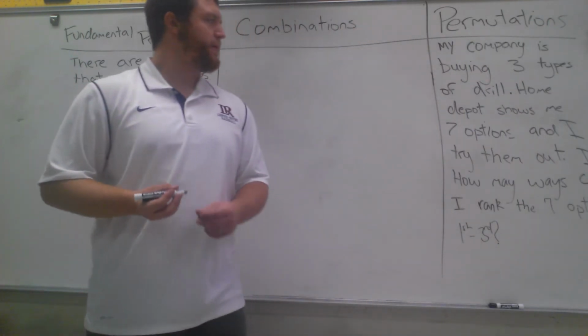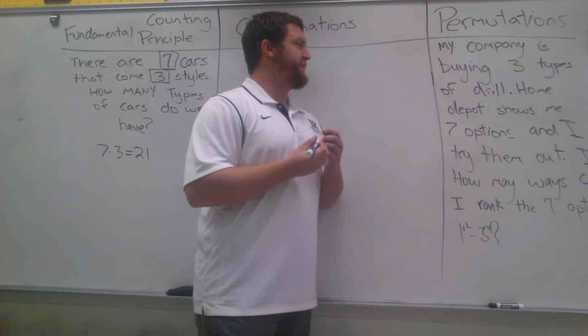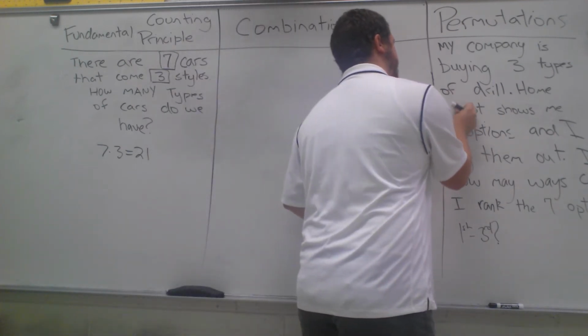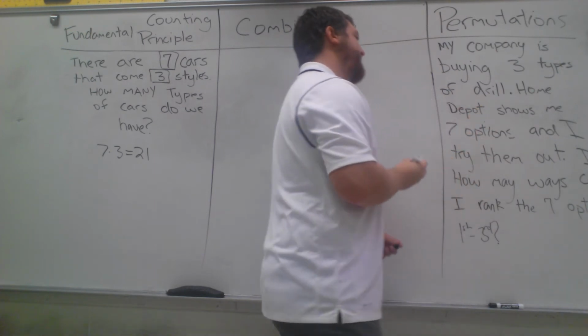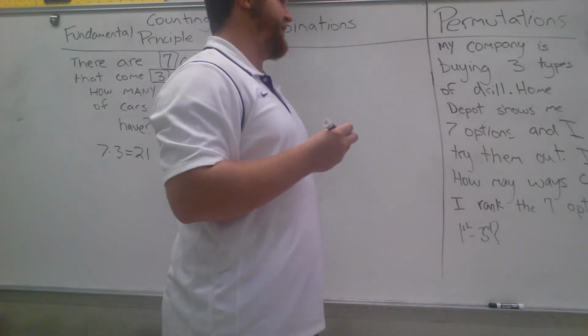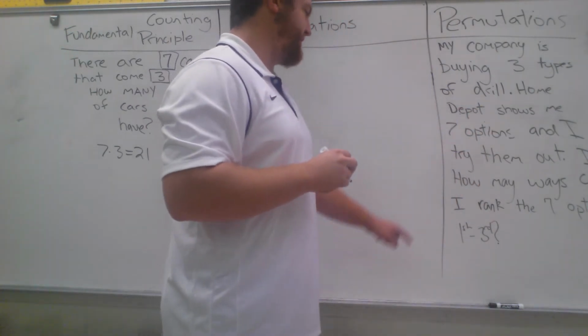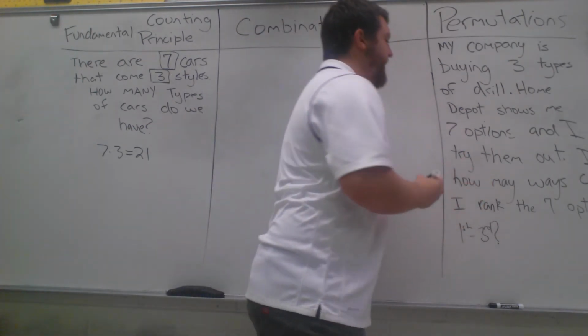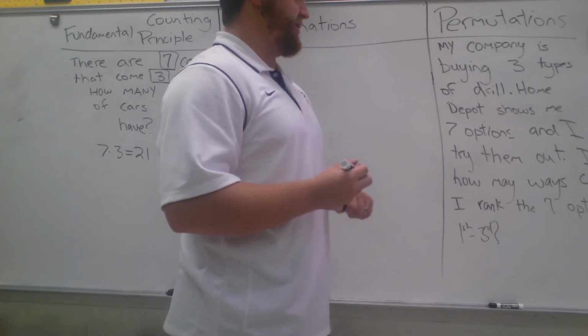Okay. My company is buying 3 types of drill. Home Depot shows me 7 options, and I try them out. In how many ways, gosh, my grammar is terrible. How do y'all handle me? In how many ways can I rank the 7 options first to third?